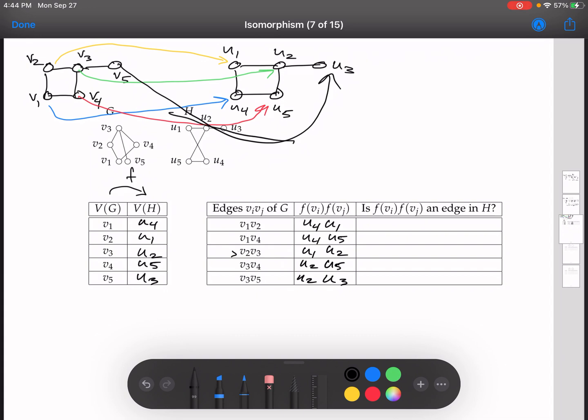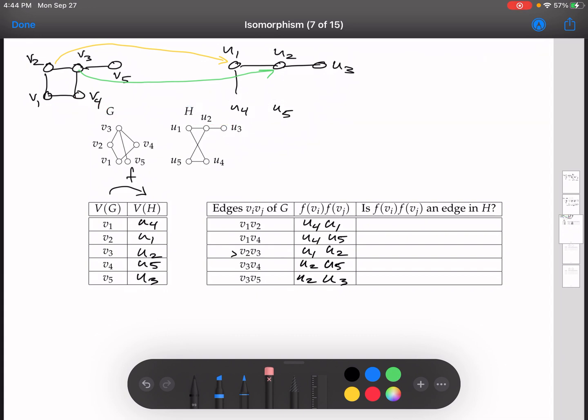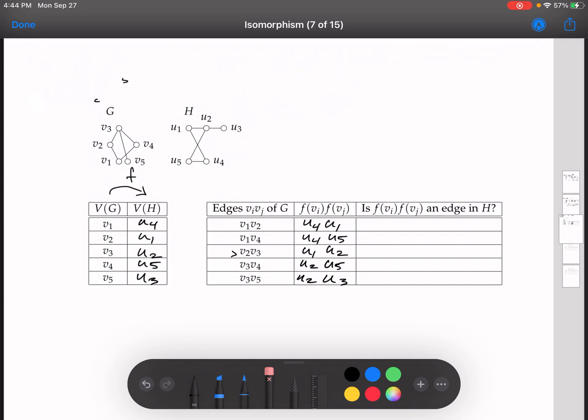So now looking at the original H, U4, U1, yeah, that's an edge there. U4, U5, yes, that's an edge.